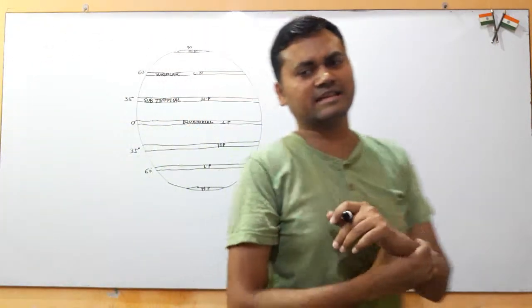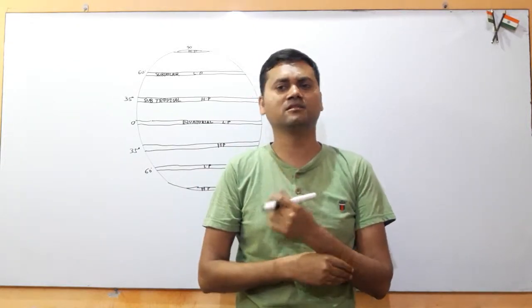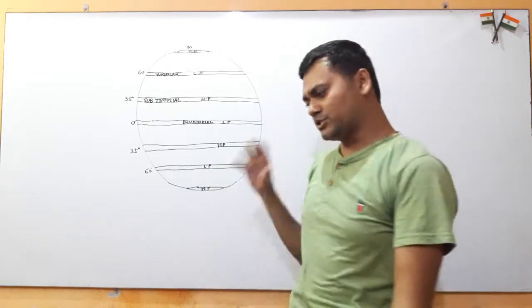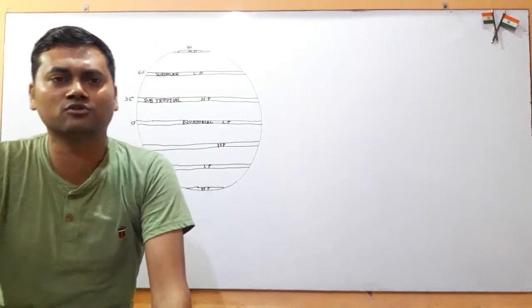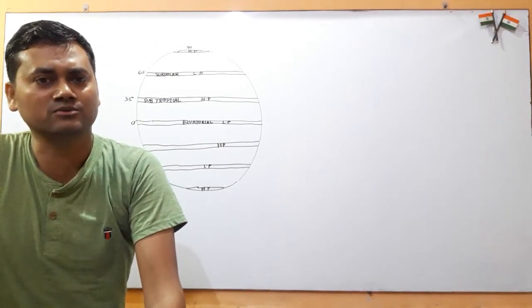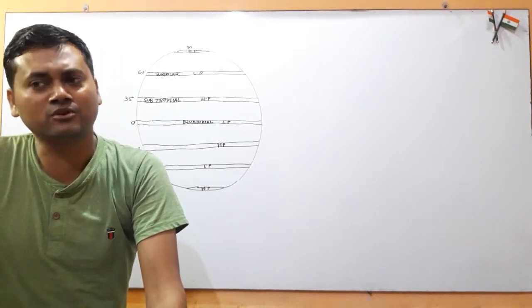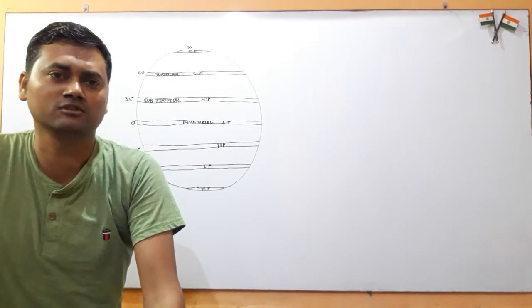The wind always blows from high pressure to low pressure, always. But you should also keep one thing in mind: the Earth also rotates from west to east. When the Earth rotates, a force is also applied, and that force is known as the Coriolis force.